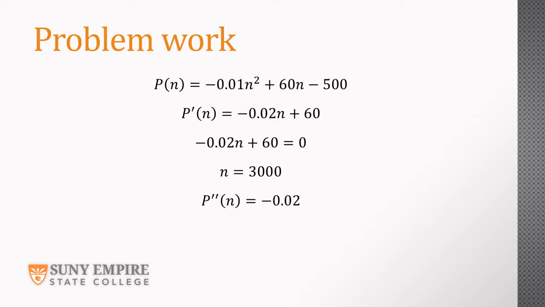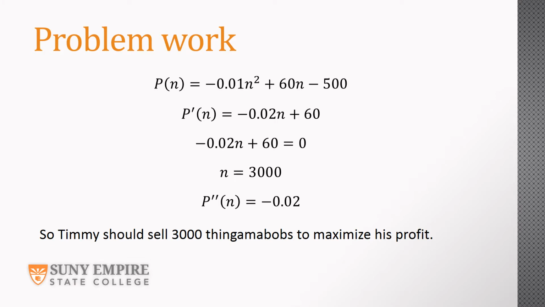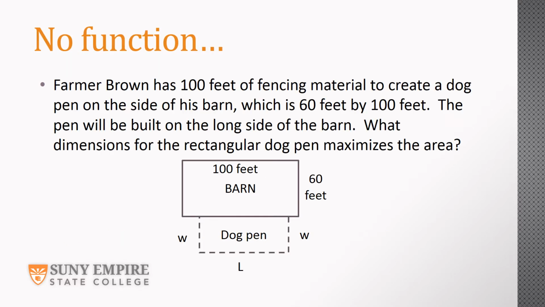To check that this value is actually a maximum value, we take the second derivative. We get negative 0.02. Since the second derivative is negative, we have indeed found a maximum at 3000. So in order to maximize his profit, Timmy should produce and sell 3,000 thingamabobs.